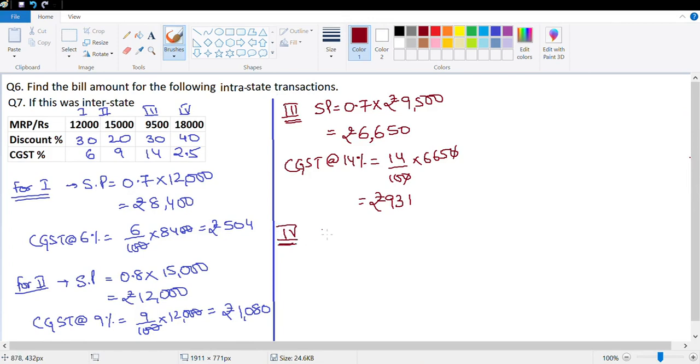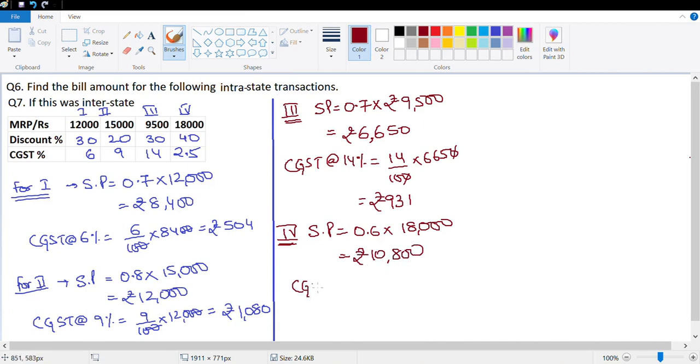For Article 4, selling price will be equal to 60% of the MRP, that's 60% into 18,000, so this is 10,800.